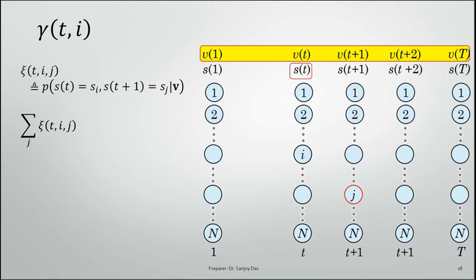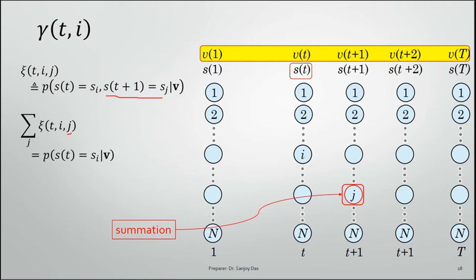What if I sum zeta Tij over this j? I will eliminate j. This is the summation that I carried out over. And so that would eliminate this St+1 equals Sj.